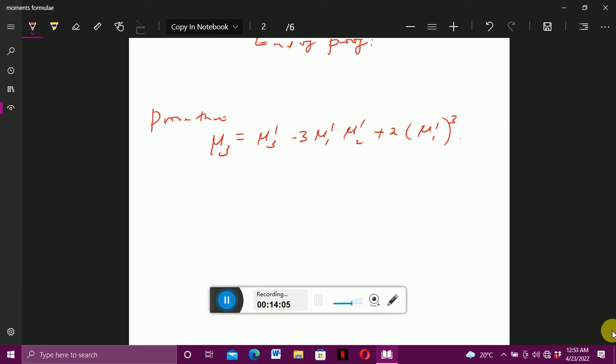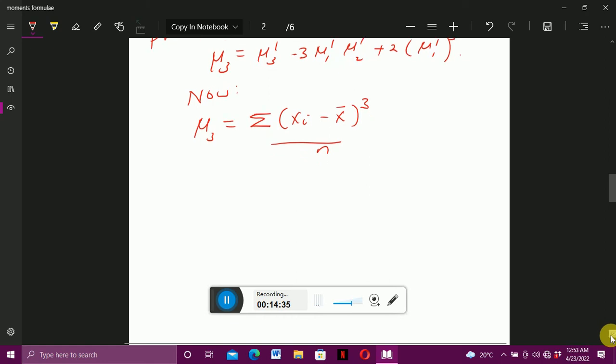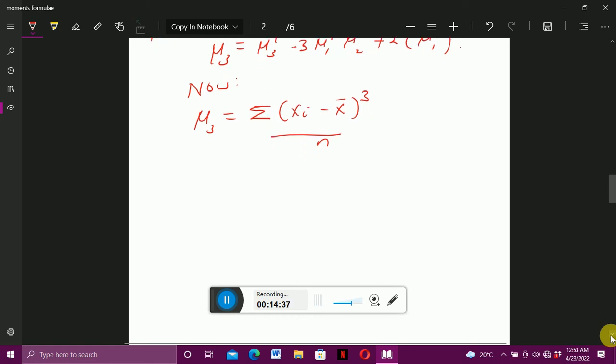We start by saying now mu3, the third moment about the mean, is given by the sum of (xi minus x bar), all that raised to power 3, divided by n. But now we have known that this xi minus x bar can be replaced by d minus d bar.